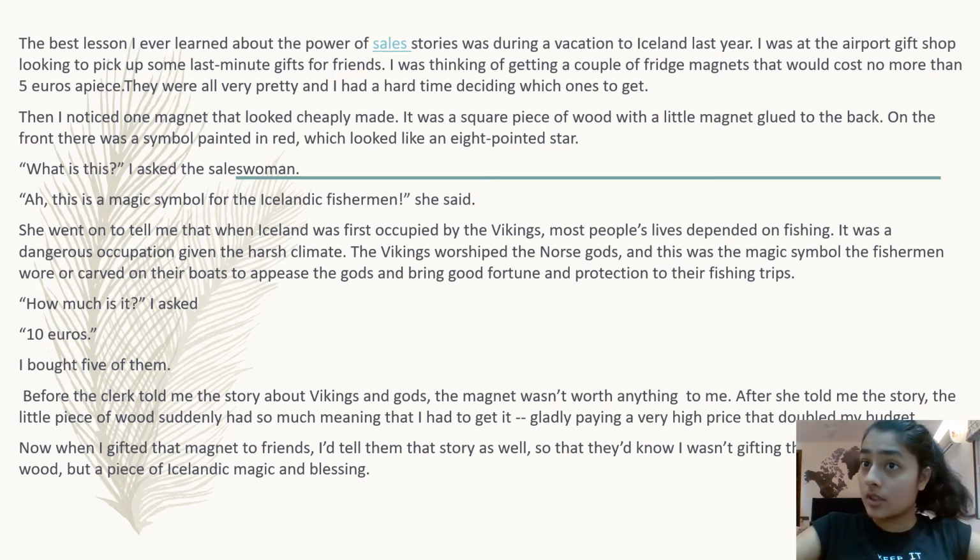And even more, when she goes back, she says that she will recommend the shop to her friends and family and to anyone visiting Iceland because of the saleswoman. See, I mean, that's storytelling.